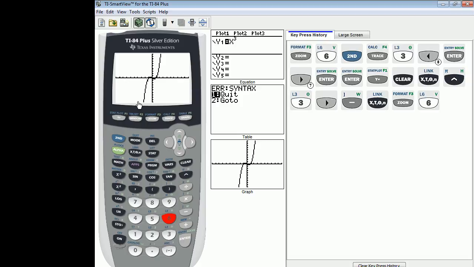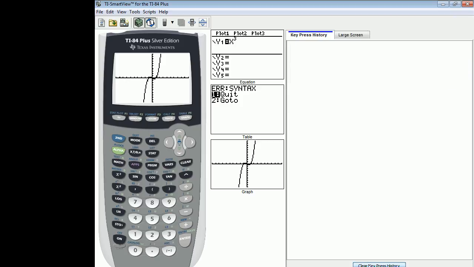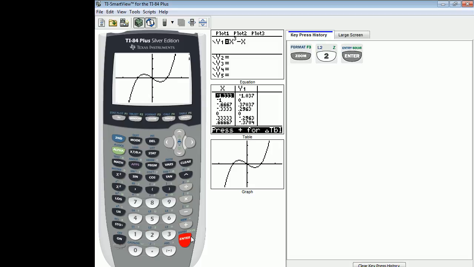So if you want to investigate closer, what we do is hit the zoom button. We hit zoom, then 2, and then enter. Once you hit enter, you'll get a better look.